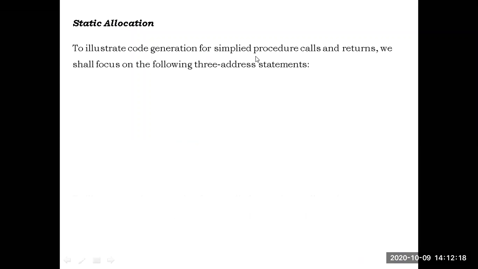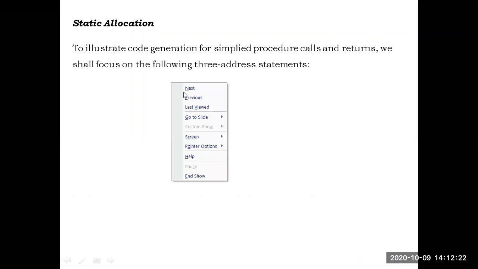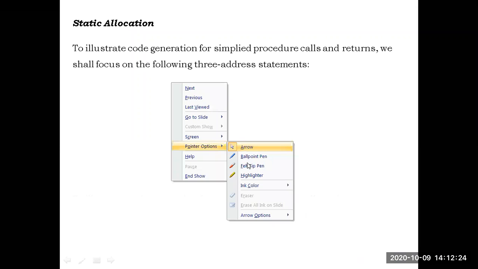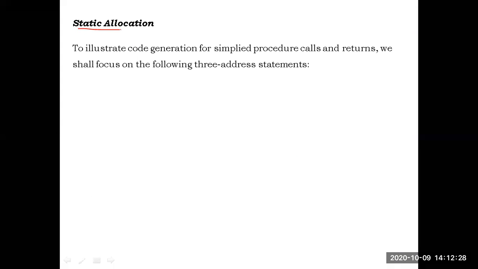To illustrate the code generation for simplified procedure calls and returns, we shall focus on the 3 address statements. In case of static allocation, we have to briefly see how names in the 3 address code will be converted into addresses.